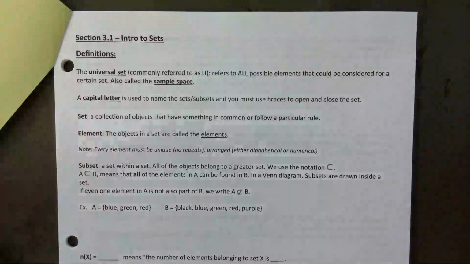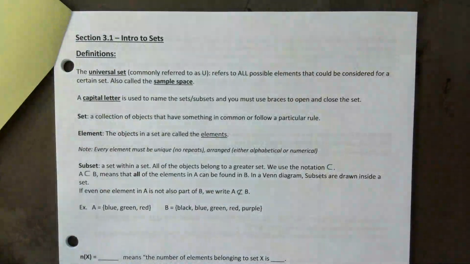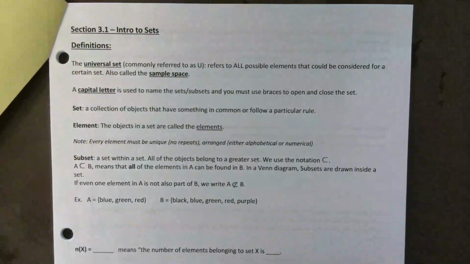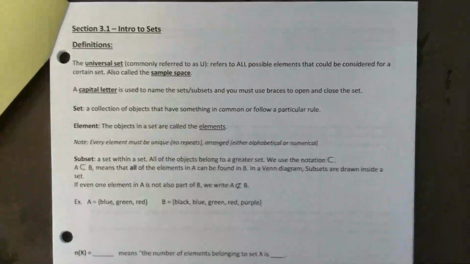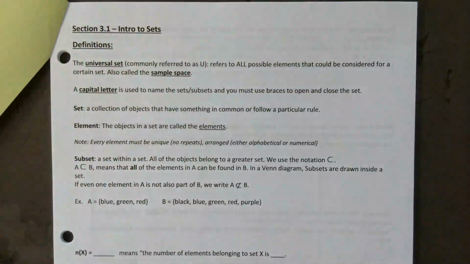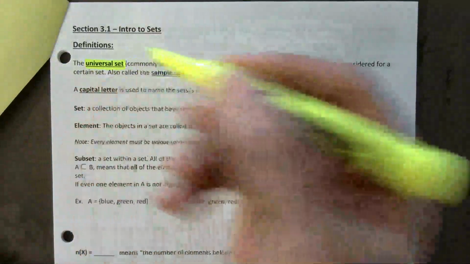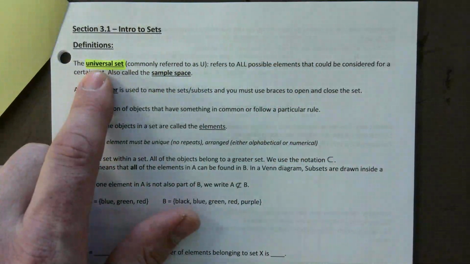So we're going to start with a bunch of definitions, and then hopefully as we go through this lesson, I'll try to give you some examples so you can actually connect the terms with what it means for this unit. The first thing that you need to know is the universal set.